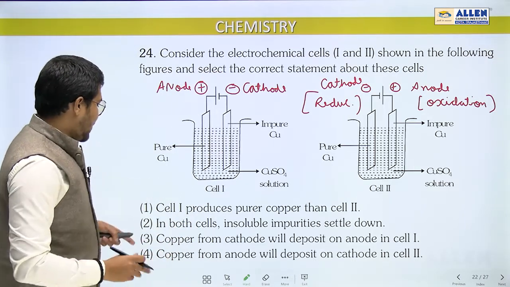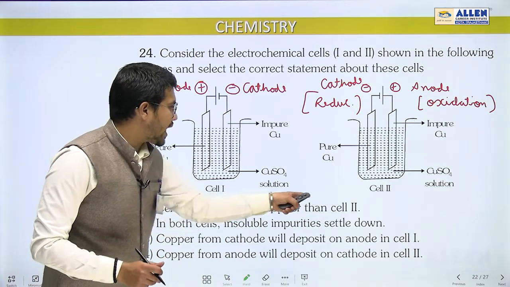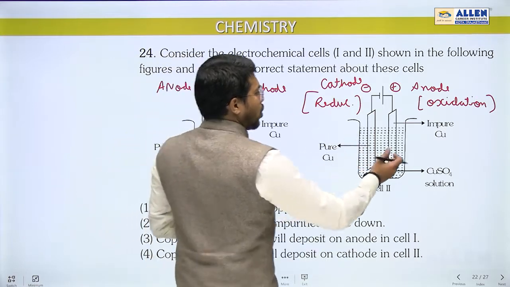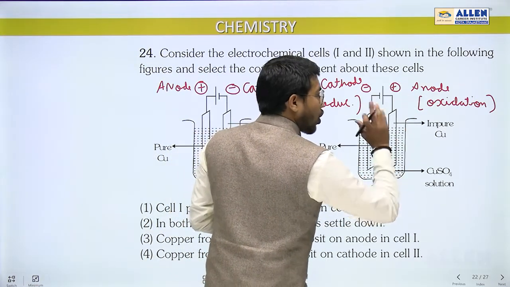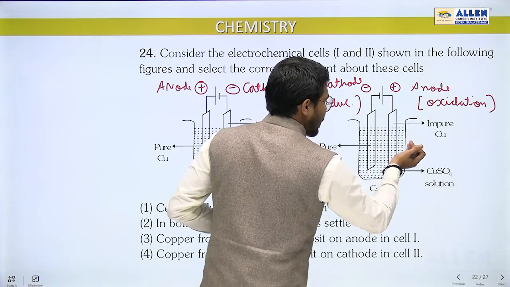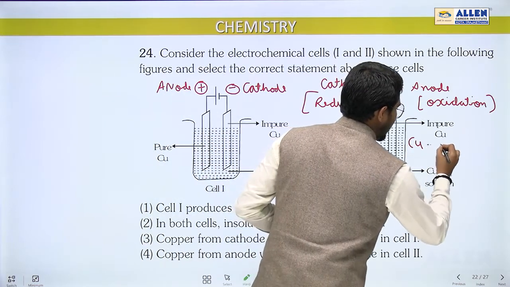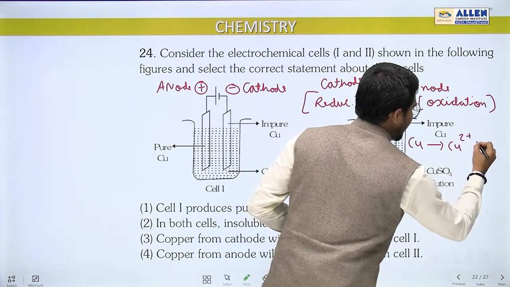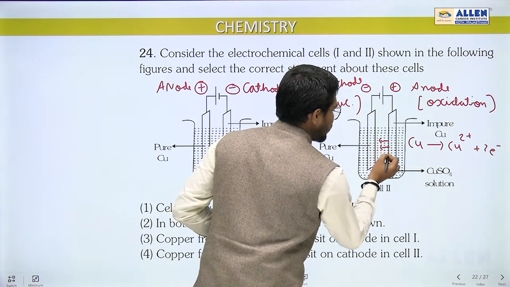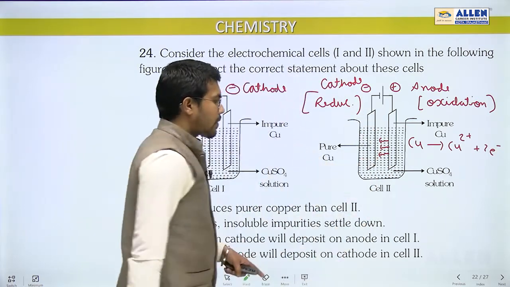So statement 1, what it says, cell 1 produces purer copper than cell 2. See, in cell 2 anode is of impure copper, and obviously we know that impure copper will get oxidized. It will convert to Cu2+ ion by losing 2 electrons, and that Cu2+ ion will move towards the cathode and will deposit there.